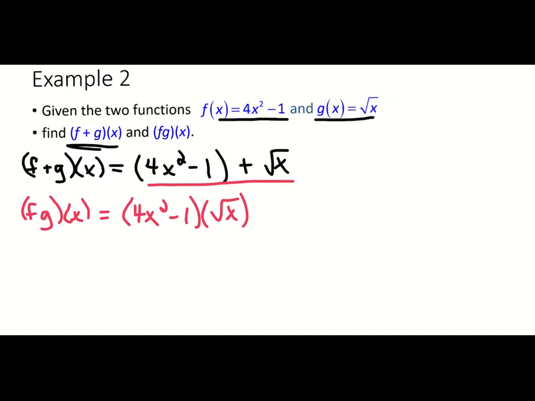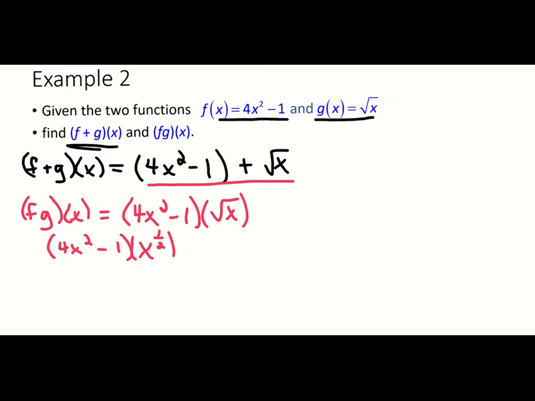I think the easiest thing to do would be to take this square root of x and, instead of dealing with it as a radical, change it into a fraction exponent. So I would really do 4x squared minus 1 times x to the 1/2 power.